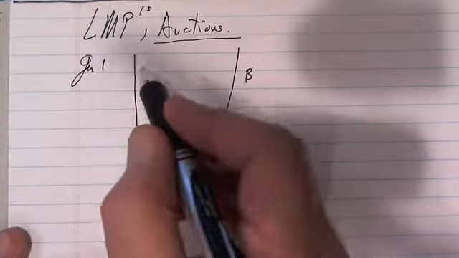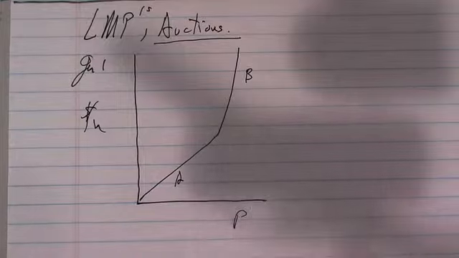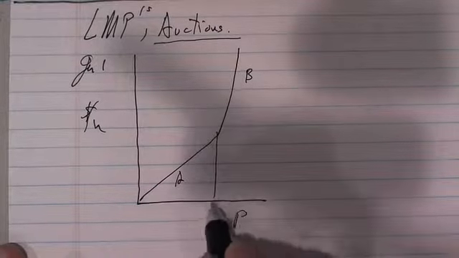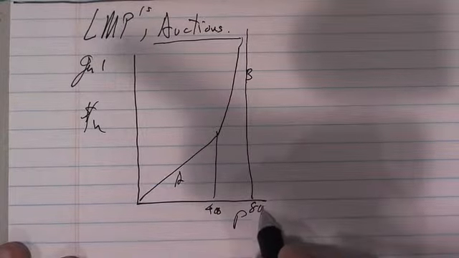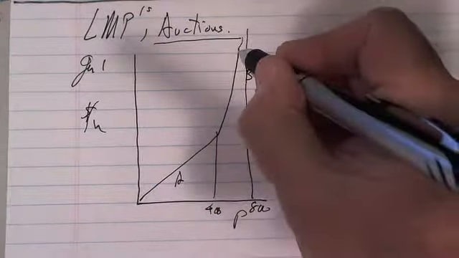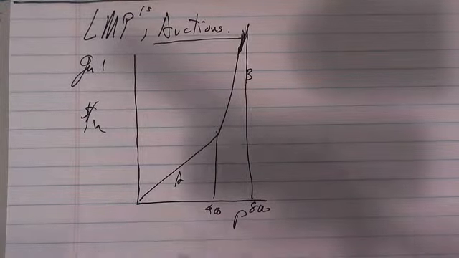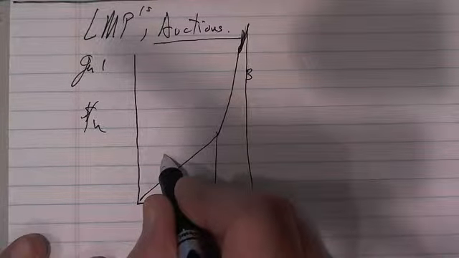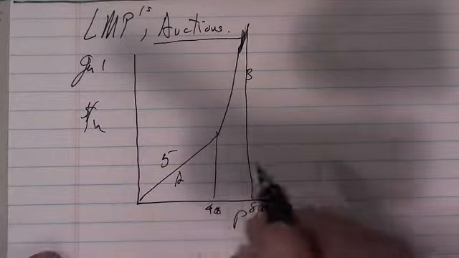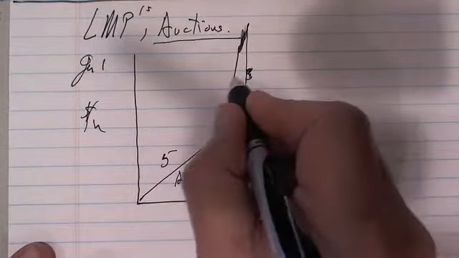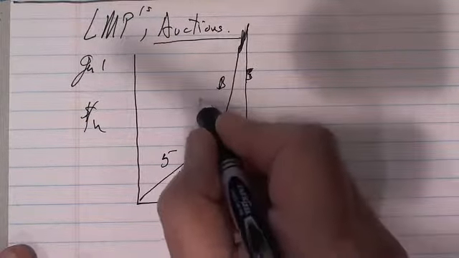So here's the cost, dollars per hour, and this is P. This break point is 400, and let's say this one goes all the way up to 800. Please don't hold me to really well-drawn graphs. The slope here is 5, and this is called segment A. This is segment B, and B has a cost of $750.